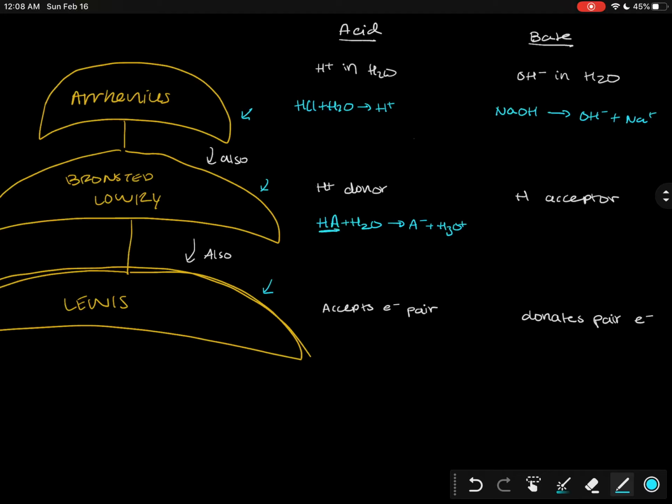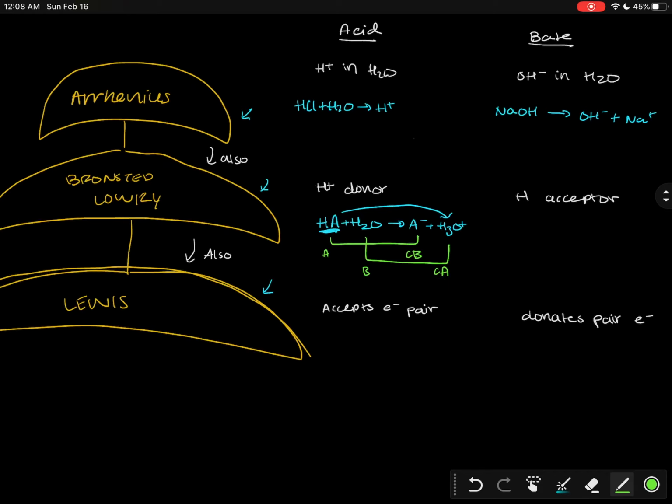Okay, so here we can see that it donates its hydrogen to water to make H3O+. So that makes it a hydrogen donor. Okay, so if we want to talk about conjugates here, we could also do that. So this is our acid and conjugate base, and this is our base and conjugate acid.